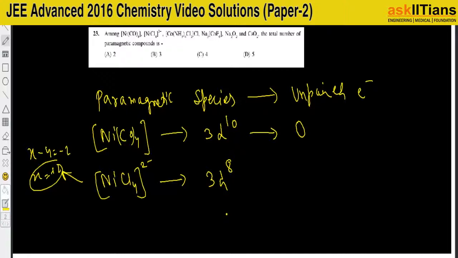And here the electrons which are present, Cl being a weak ligand, they cannot be paired up.